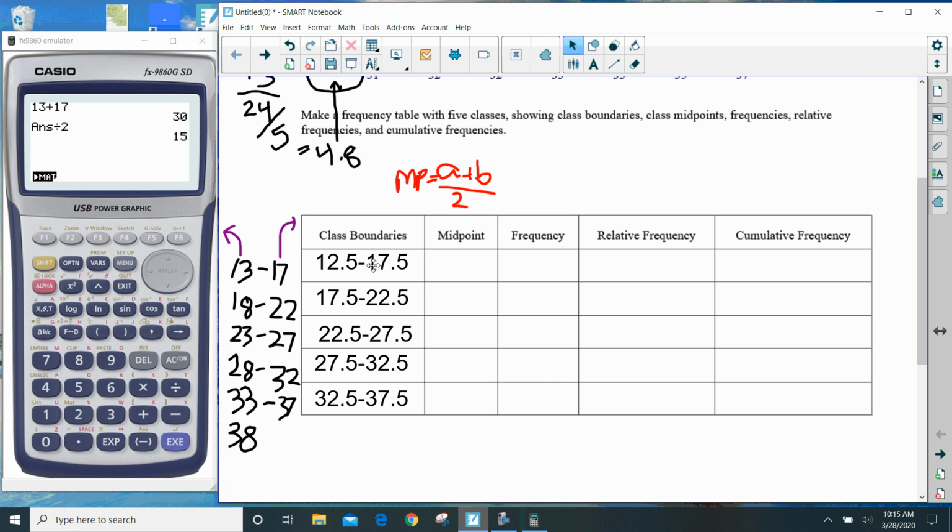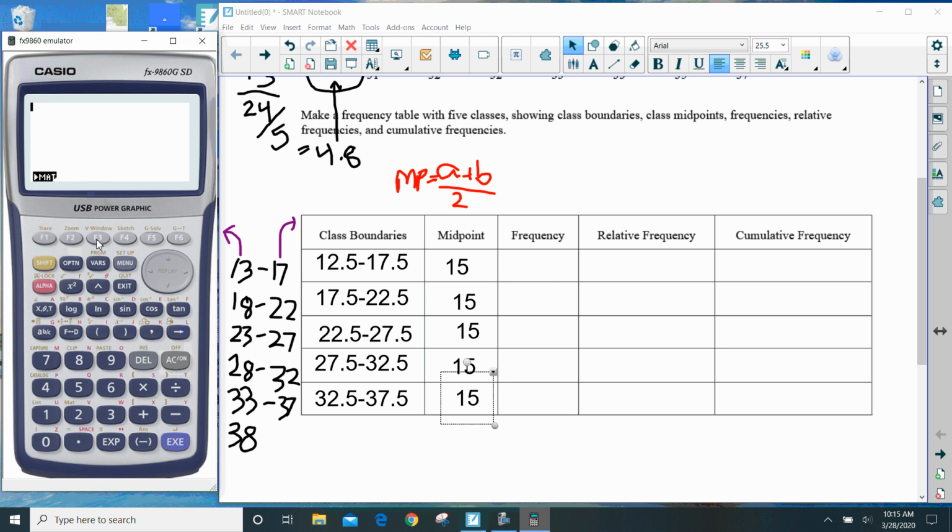So let me capture one of these numbers here. This number is going to be 15. That's the midpoint. I'm going to copy this on down, and then I'll change these in just a sec. All right, so this next one, 18 to 22. So again, 18 plus 22, divided by 2, 20.